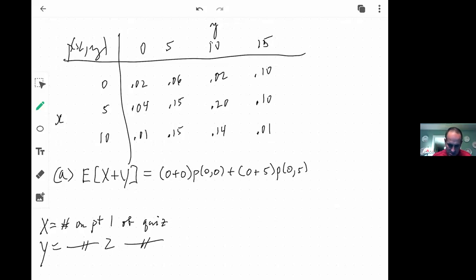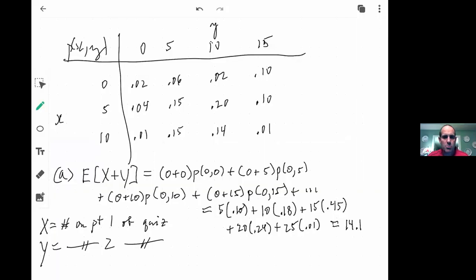And then let's add some other ones in here. So 0 plus 10. What I'm saying there is X was 0 and Y was 10. That's going to be P of 0, 10, plus 0 plus 15, P of 0, 15. And I think you see how this is going to go. So I am going to pause this and complete this for us, and then we'll move on to the next thing.